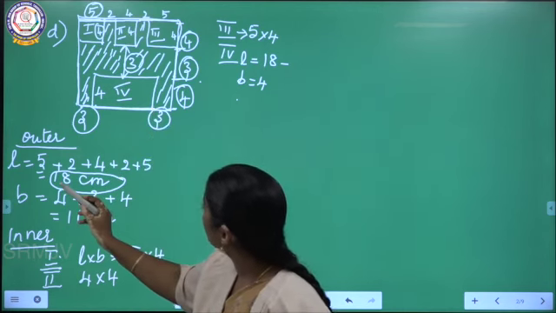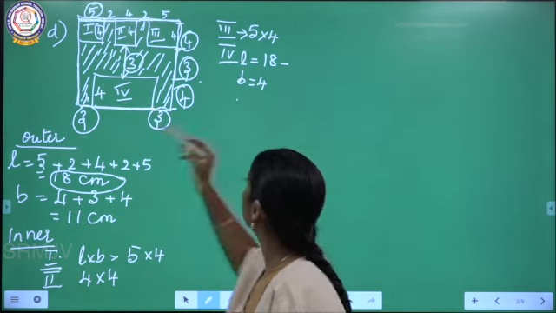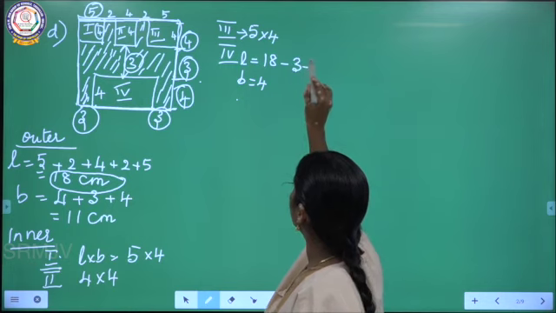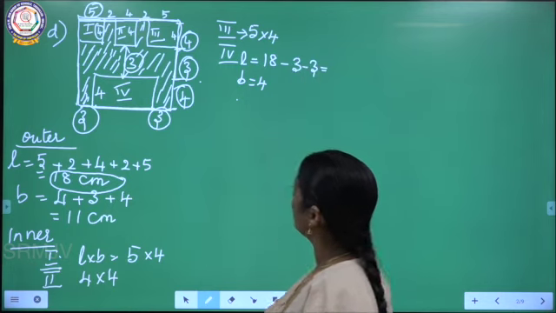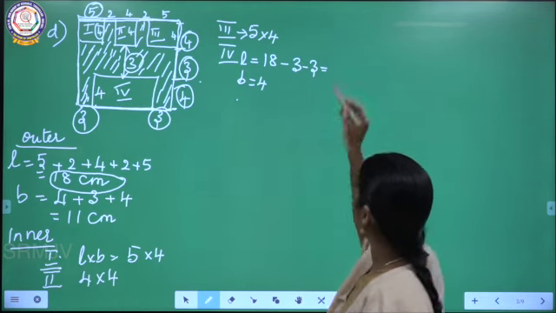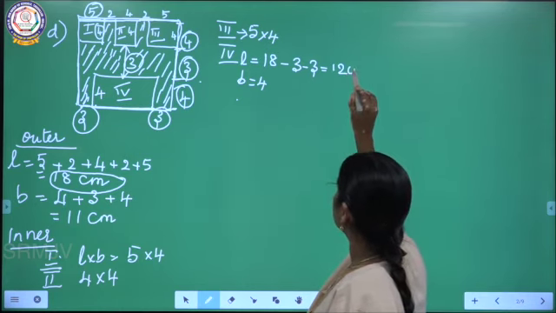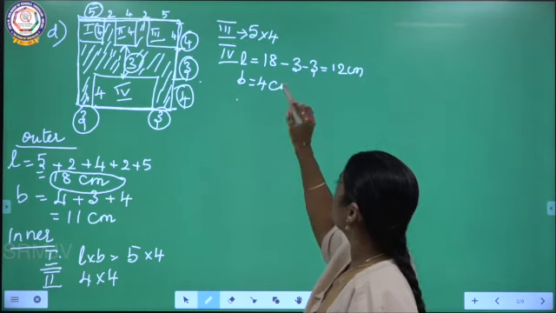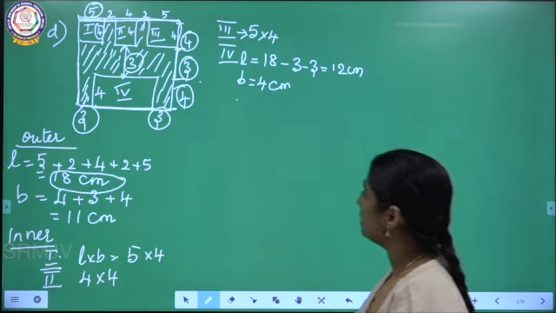So, total I have find out the 18 minus 3 minus 3, which is what? 18 minus 6. What is the answer? 12 centimeter. So, B is what? 4 centimeter.